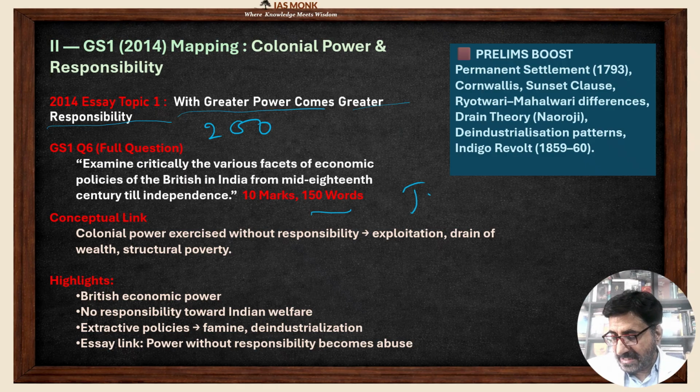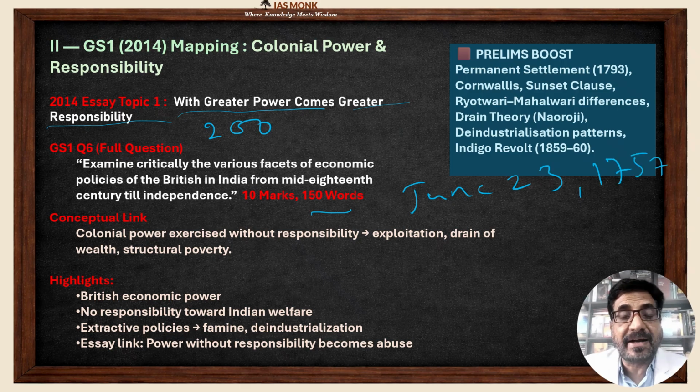That is the date of the Battle of Plassey, fought between Robert Clive and Siraj-ud-Daulah. The early period after Plassey was marked by direct plunder and the acquisition of Diwani rights, which shifted the Company from traders to territorial rulers.